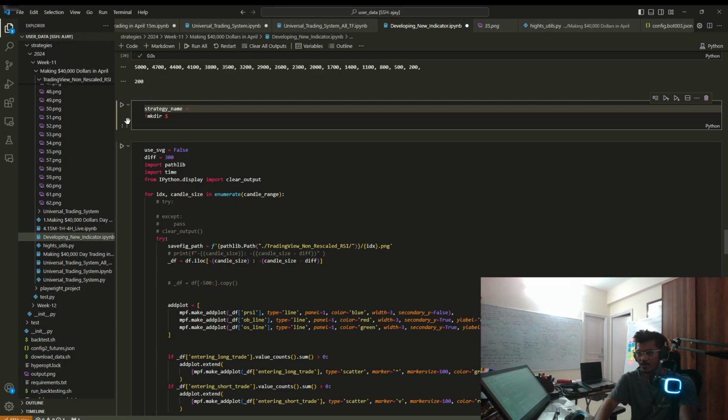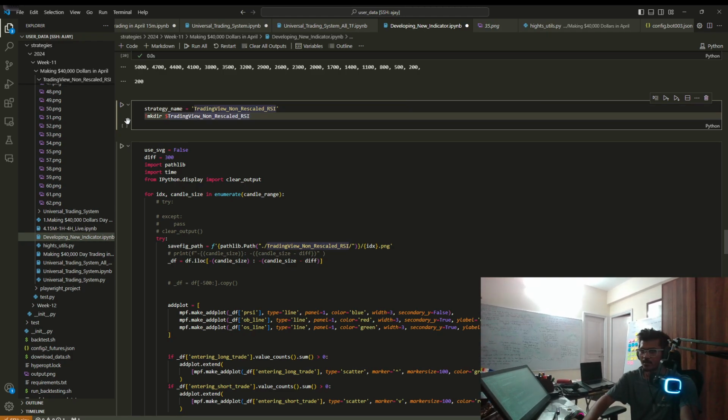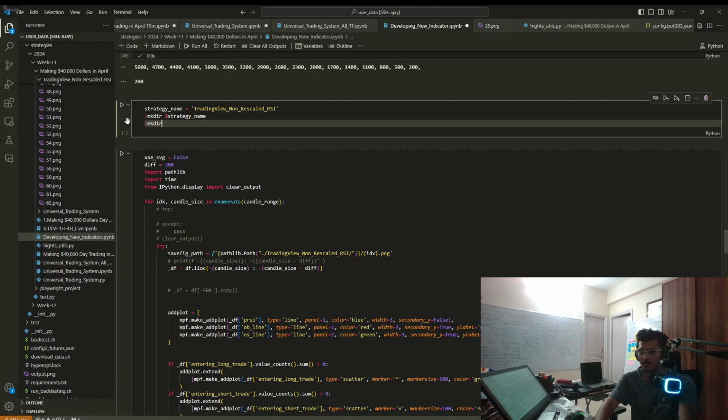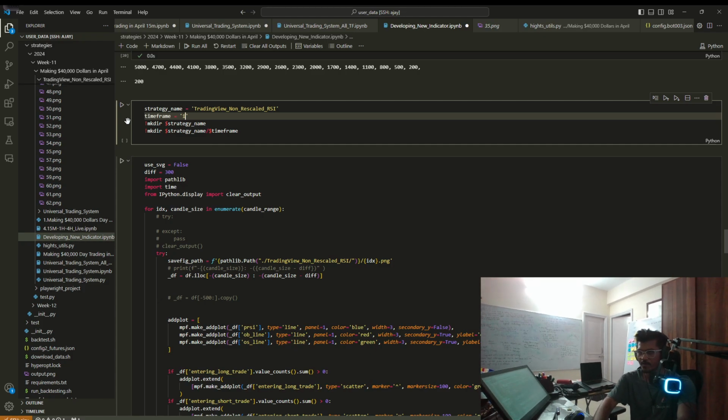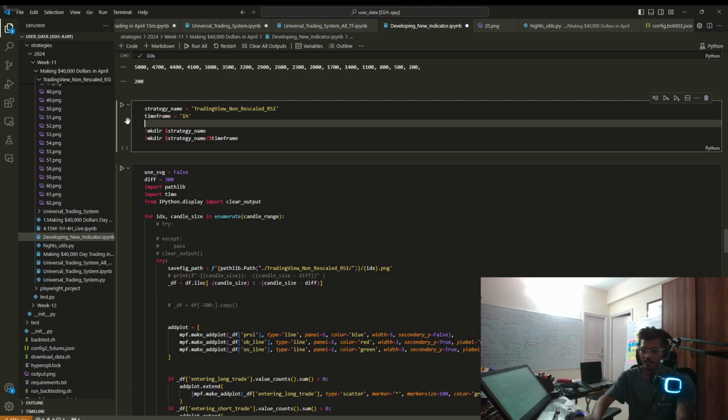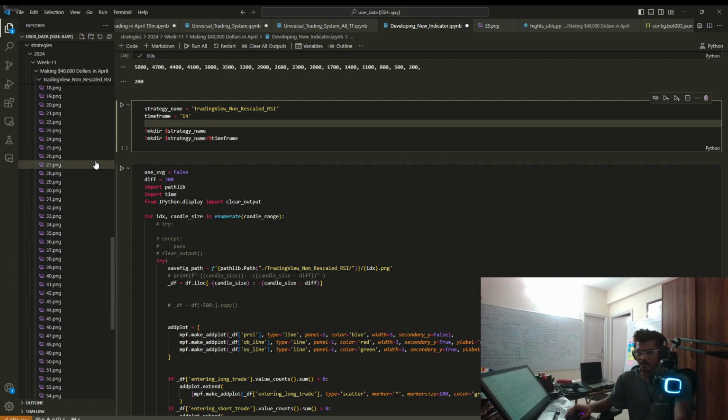For example, TradingView non-rescaled RSI. I make a directory of that name, and then I create the strategy name and then the time frame, here it is 1 hour.